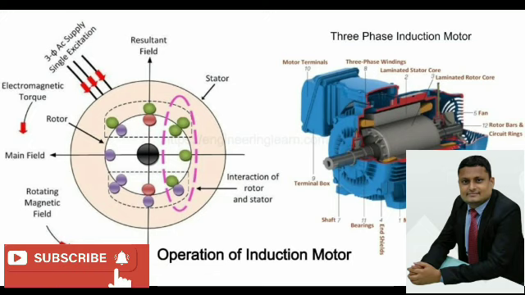Now the question will come. Determine the main dimensions, number of radial ventilation ducts, number of stator slots and the number of turns per phase of a 3.7 kilowatt, 400 volt, 3 phase, 4 pole, 50 Hz squirrel cage induction motor.